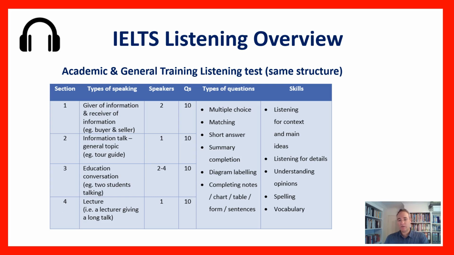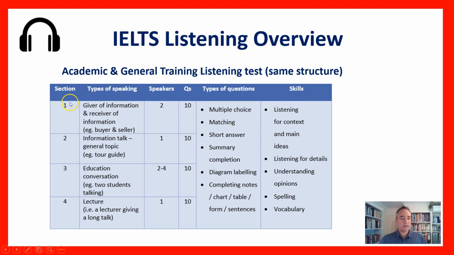And of course, vocabulary. When we talk about vocabulary, the skills in vocabulary for listening are to do with synonyms. So if you have one word that you hear and then one word that you can see on the question sheet, can you match those 2? Can you make sure that there is a match so that you can actually answer the question correctly by knowing what they're talking about?